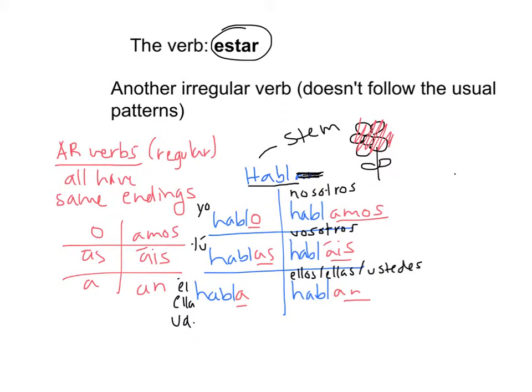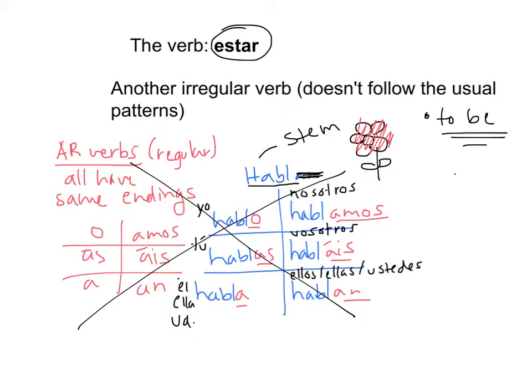Now that's a pattern. Now even though estar ends in AR, it does not follow this pattern. Not at all. So we're going to see how it follows a different pattern. Now this verb is pretty cool because it means to be, kind of like ser, but we use this in specific situations.